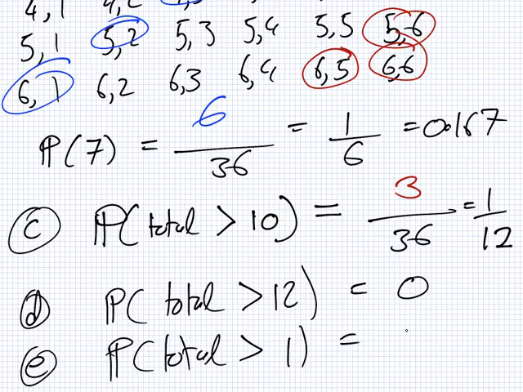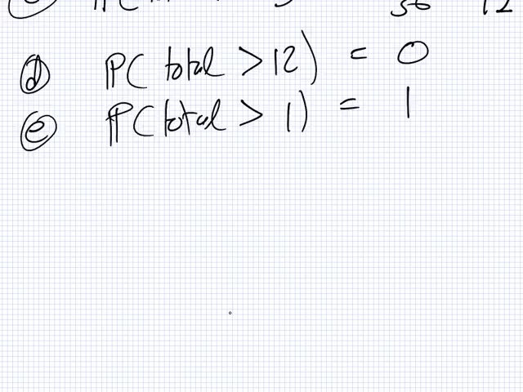Yeah, 1. Yeah, you must do. Yeah? Okay. Let's have a look at another one now. Right. Total less than 12. No, more than 12. Okay. Next.